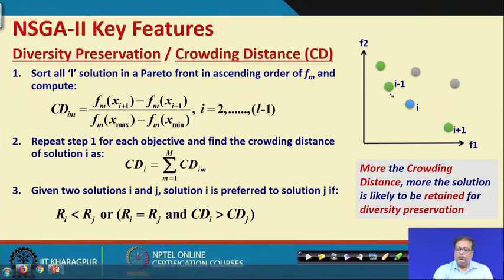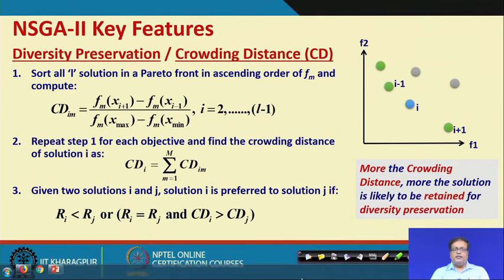Look at the two nearby ones, that is i plus 1 and i minus 1. So, the difference of the objective function value f_m(x_(i+1)) minus f_m(x_(i-1)), divided by the highest function value minus the lowest function value. This is with regard to one objective, and then sum over all objectives. Is it all right? So, the more the crowding distance, the more likely it is to be retained. So, that is how the crowding distance is calculated.